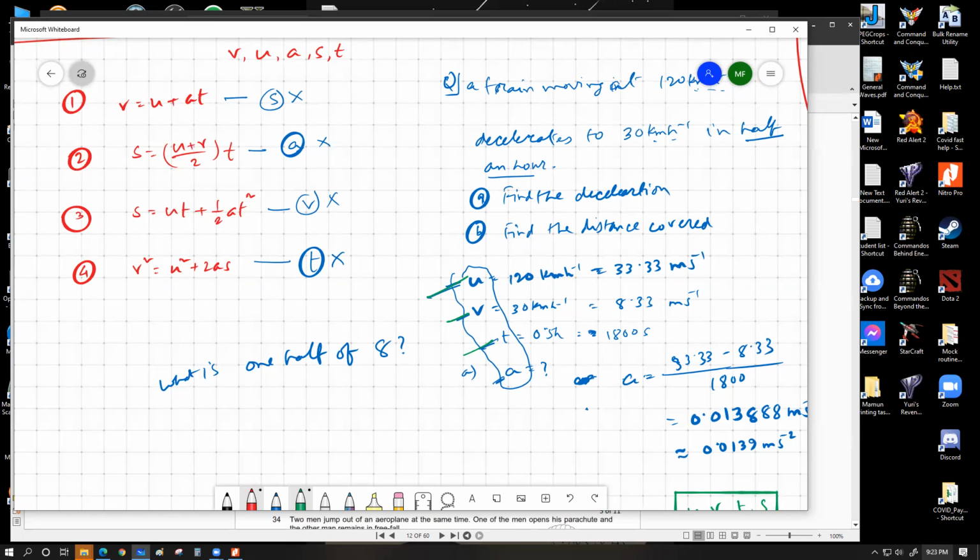A car starts from rest and is accelerated uniformly at the rate of 3 meters per second squared for 10 seconds.